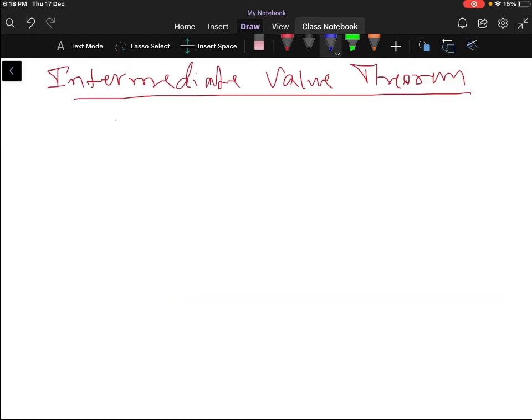We have another method to find the initial approximation to the root. It is based on the intermediate value theorem.